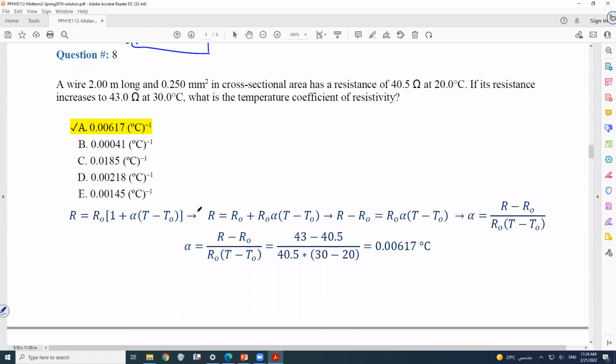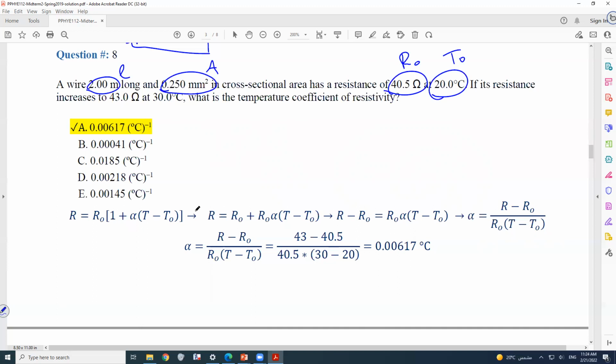Question number 8. This is on the temperature variation of resistance and resistivity. When you read the question, a wire 2 meters long and 0.250 millimeters squared in cross-sectional area. So you are giving us the length, okay? You are giving the area and the resistance at a certain temperature T0, the reference temperature.